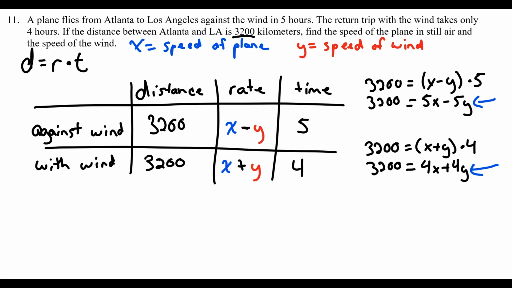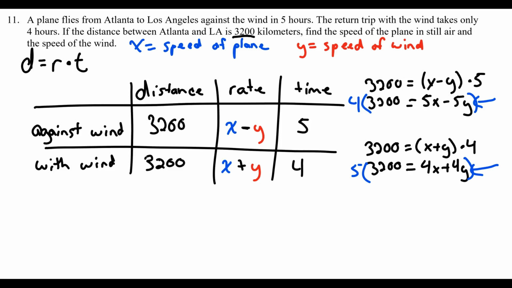I don't have a 1 as a leading coefficient for any of it. So I'm going to try to make these numbers equal, just opposite signs, which if you notice the y's are already opposite signs. So I'm going to multiply the first equation by 4 and the second equation by 5.